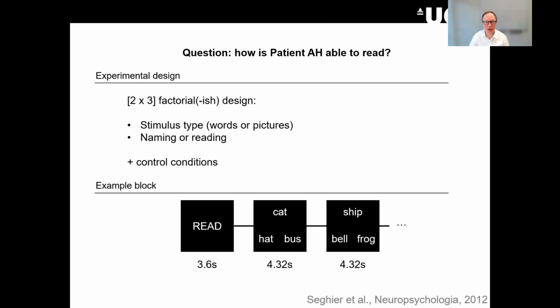And the second condition was whether the task involved naming images, naming pictures of a cat or a dog, or reading the equivalent words. And there were also control conditions. So here's an example of what a trial of the experiment looked like. They would see a cue to tell them they had to prepare to do some reading, and then they would see the words, and they just had to read the words in the reading condition, or if there were pictures, they had to name what was in the pictures.